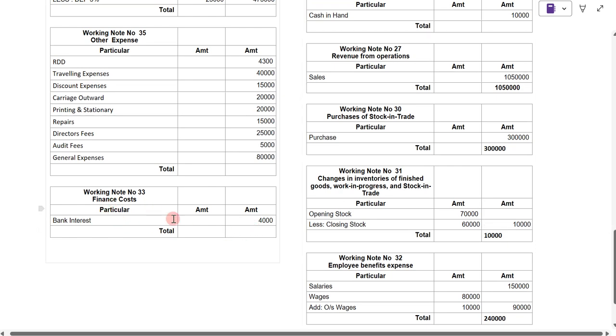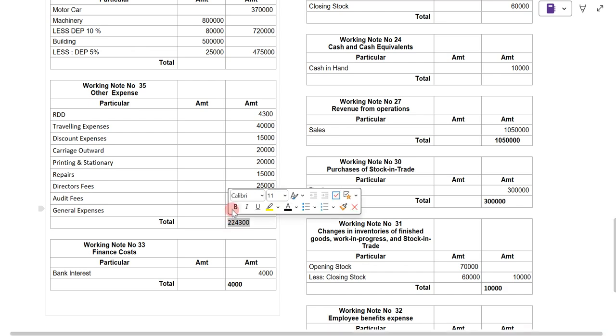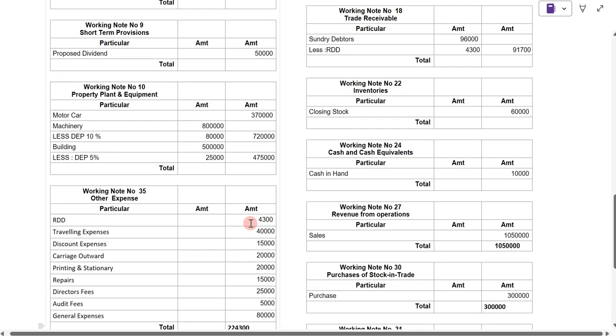Note number 33, fixed cost 4,000. Then note number 35, that is other expenses. Add all these expenses, the total will be 2,24,300. This is the total of the other expenses.